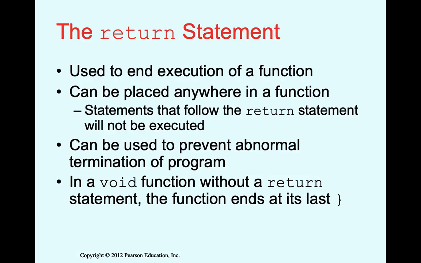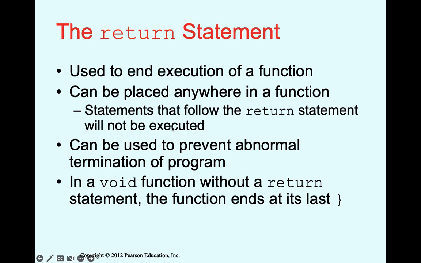The return statement. Some functions return values and some functions are void, right? In both, we can use the return statement to end the execution of the function. So when we reach return, it will stop executing the function. It can be placed anywhere in the function. Statements that follow the return statement will not be executed.